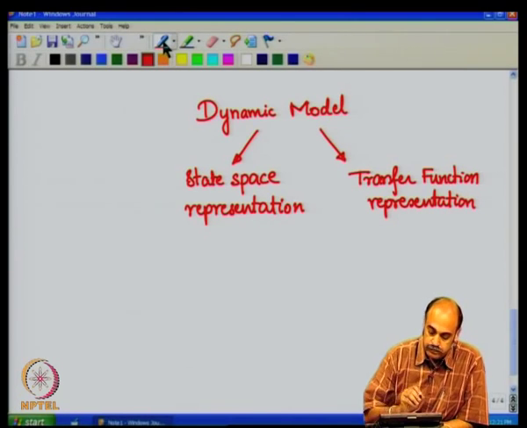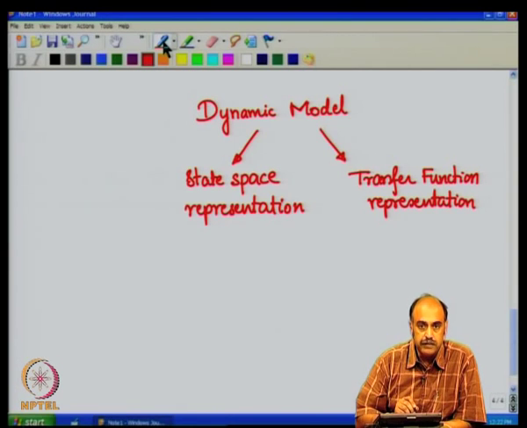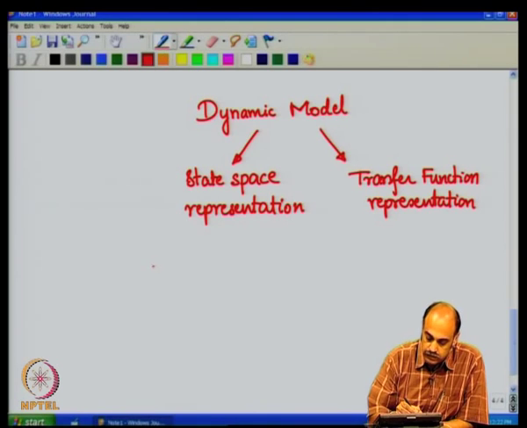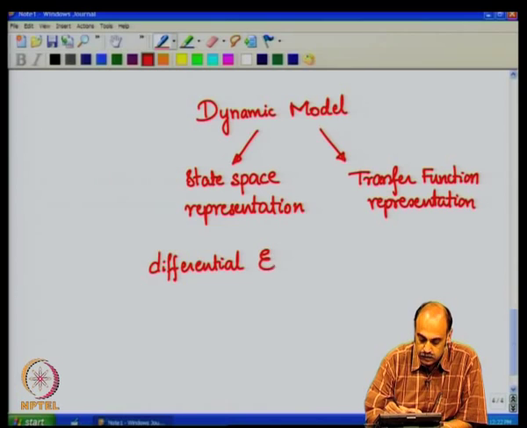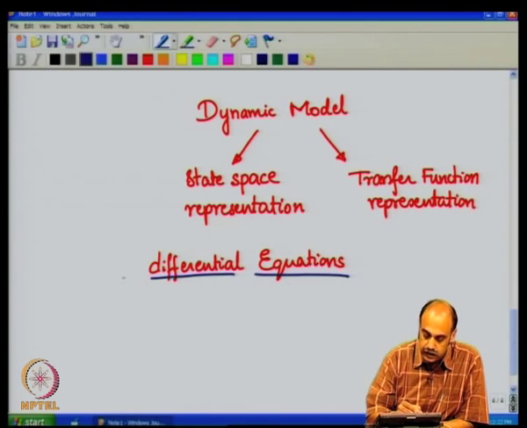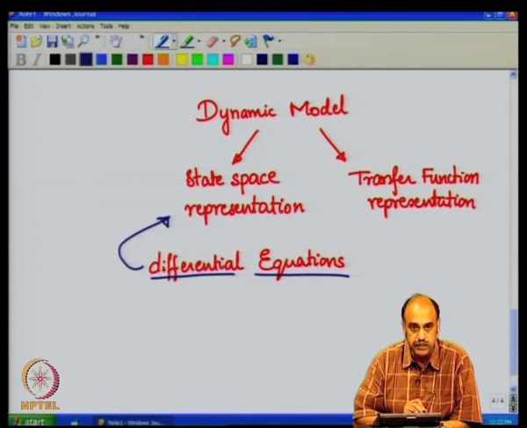However, it may be pointed out at this point that when we develop the dynamic model of a physical system from the physics of its operation, we actually arrive at a set of differential equations, which are directly represented in this form called the state space representation.